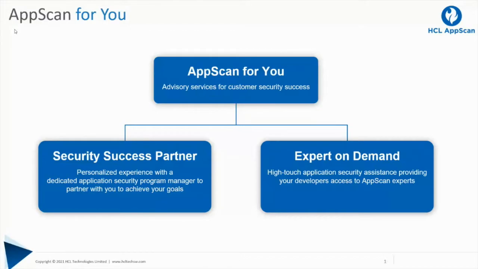They will meet with them regularly and really work with them hand in hand to drive their AppSec goals. They'll define short and long-term goals and determine the appropriate success metrics, and then also provide actionable best practices to achieve those goals.